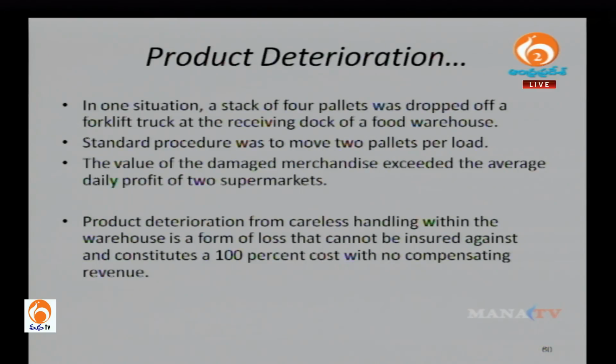So, rather than moving 2 pallets, that particular forklift truck was moving 4 pallets, and in the process all the 4 pallets containing food materials fell, and the entire merchandise that was damaged exceeded the average daily profit of 2 supermarkets.